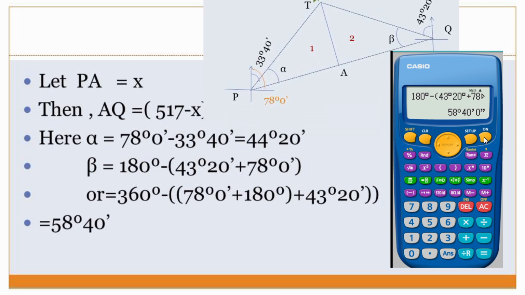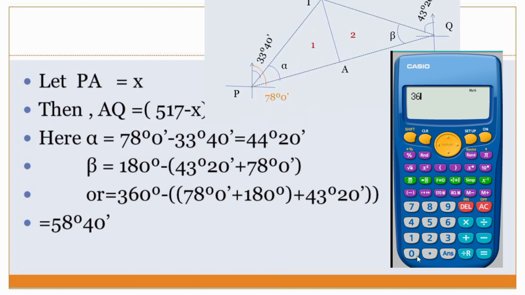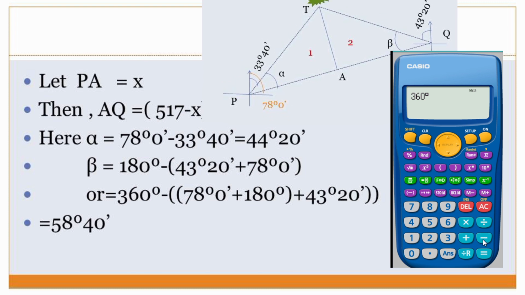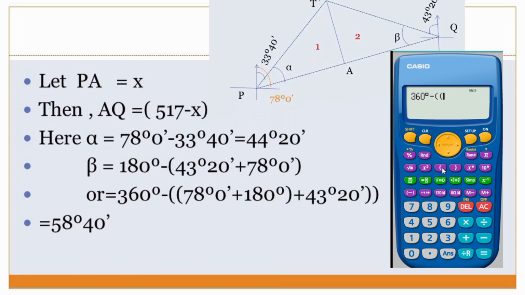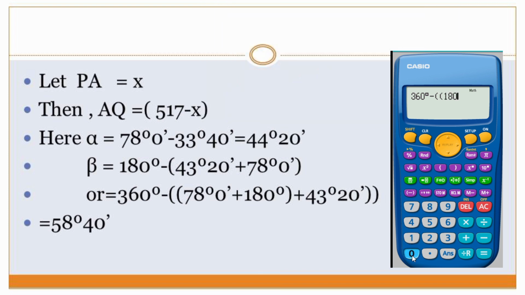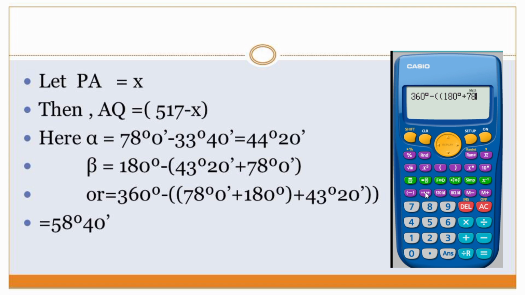Or again, you can apply a concept used in module 2. The difference between fore bearing and back bearing is 180 degrees. So my back bearing of line PQ will be 78 degrees plus 180.